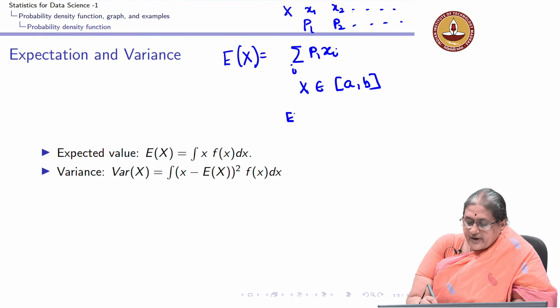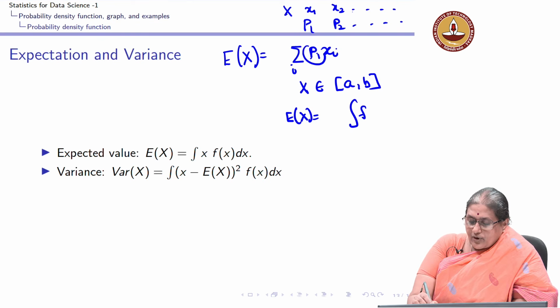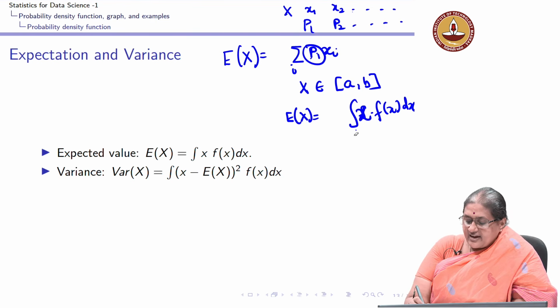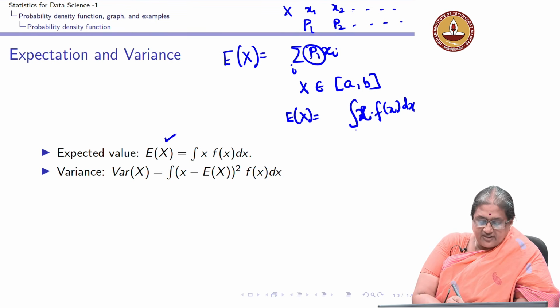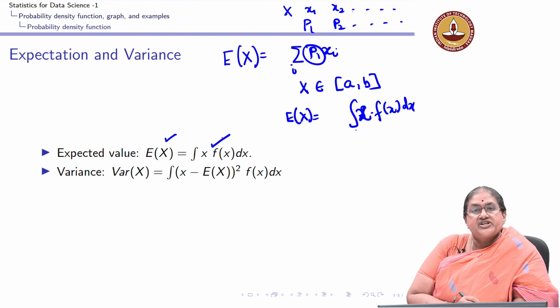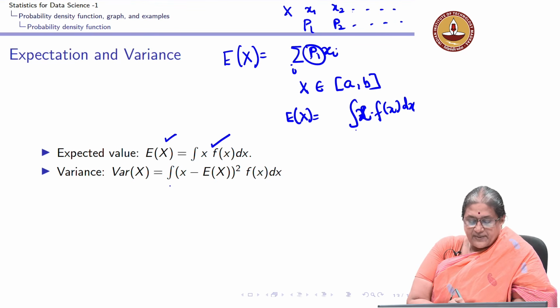So, the expectation of this x is over x into the probability. So, it would be x into f of x dx over the range I have defined. So, expected value of x is the integral of x into f of x.